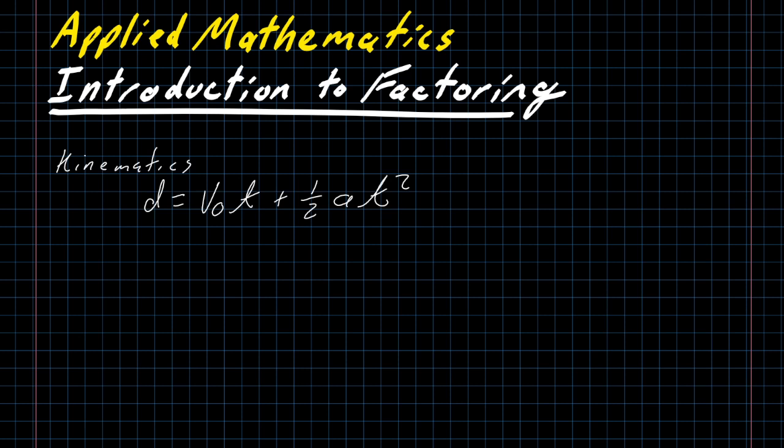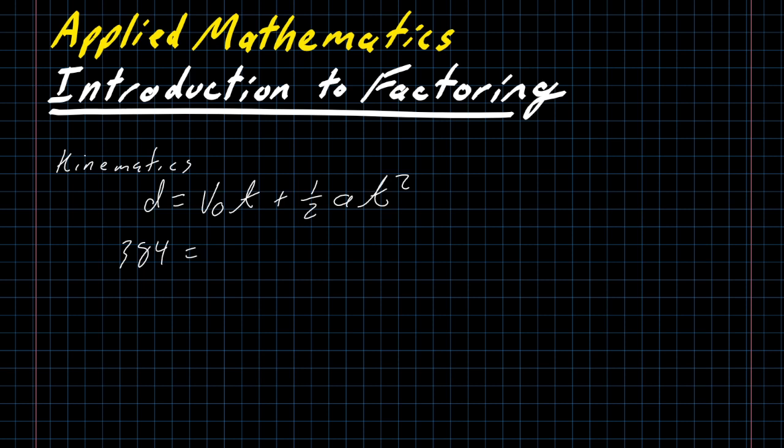In this formula, d is the distance that an object falls, v naught is the speed that the object is falling initially, t is the amount of time that the object falls, and a is the acceleration that the object is undergoing. So I'm going to look at a particular example of an object that has to fall 384 feet.